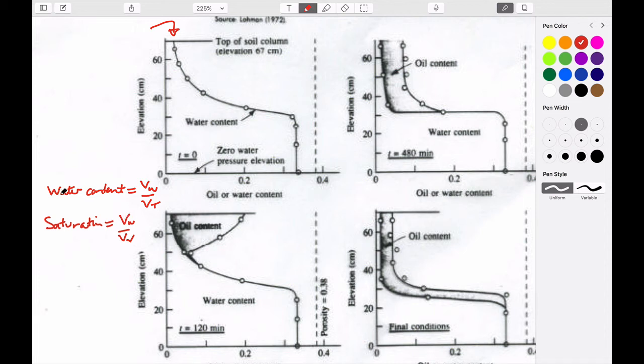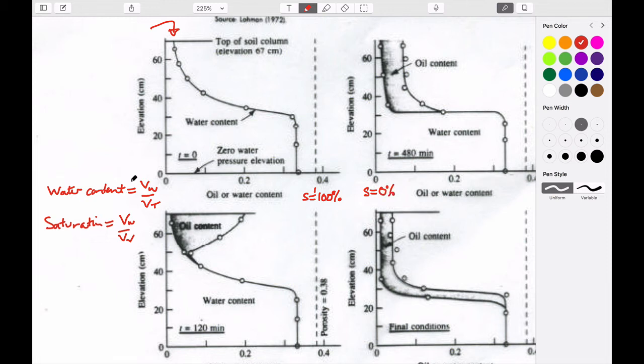So in other words, the water content is relative to the total volume of the soil, including the grains, whereas the saturation refers to only the pore space. And so if you look at this axis here, this would be a saturation of 100%. And this would be a saturation of 0%.